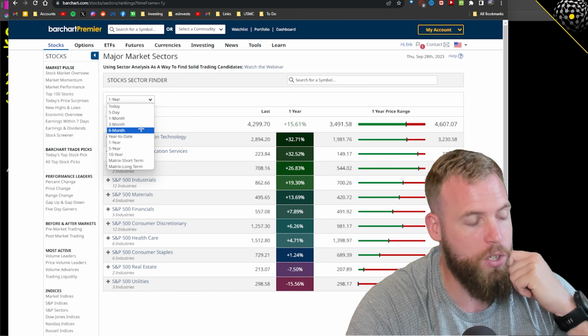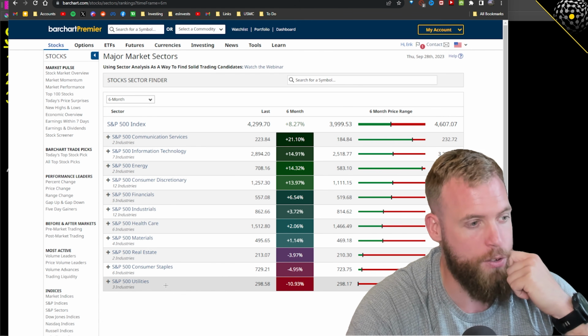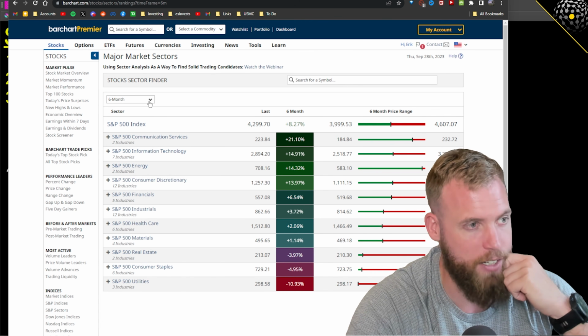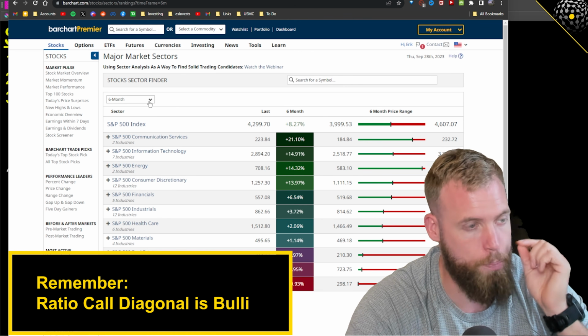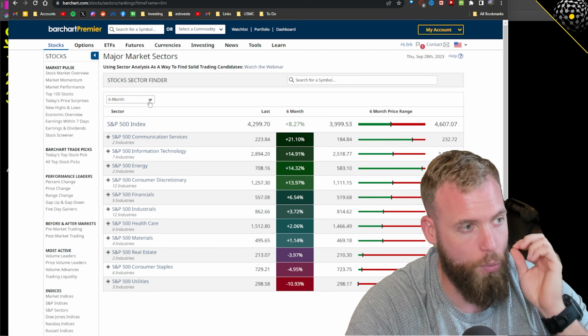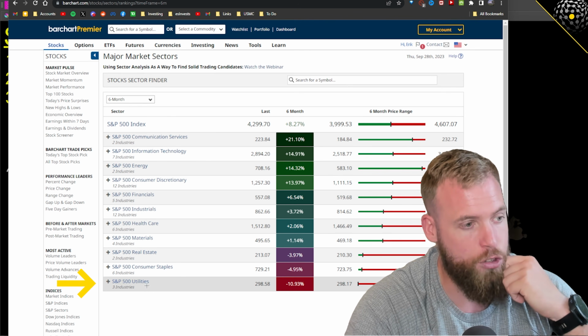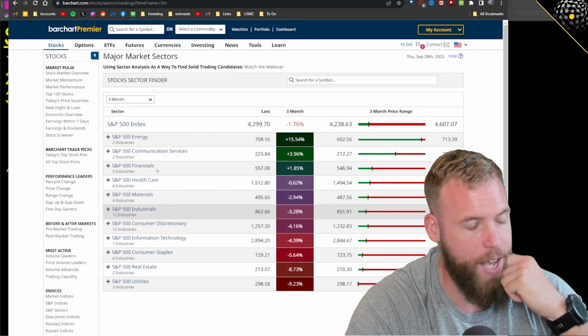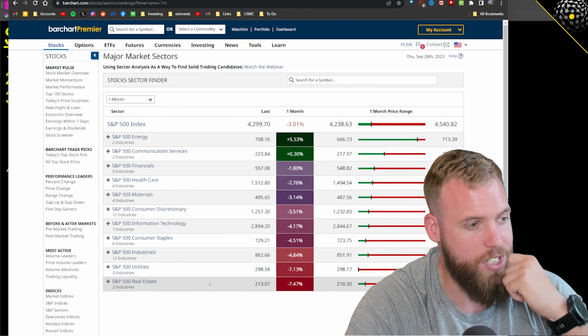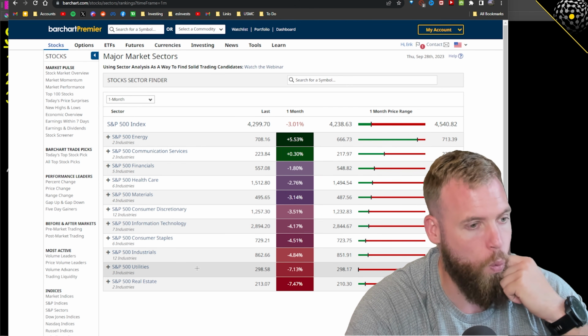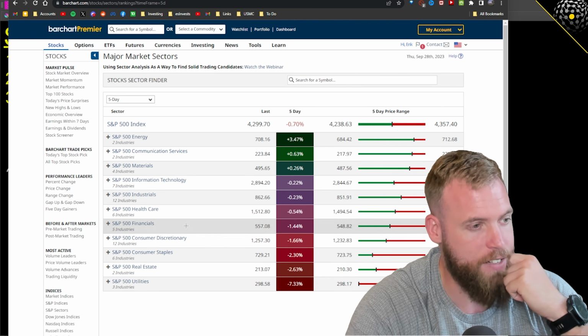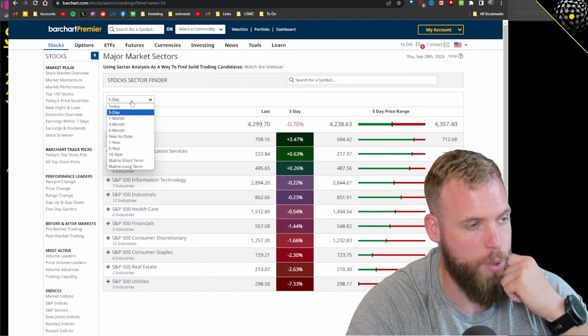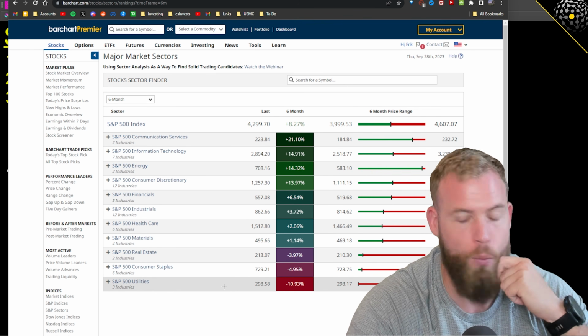So let's say we look at the 6-month sector and you see utilities is down 11%. Remember, ratio call diagonal is bullish. So would you place a ratio call diagonal in utilities, which is down 11% on a 6-month, down 9% on a 3-month, down 7% on a 1-month, and in a 5-day period, it's down 7.3%? If you're bullish, is that where you're going to go?